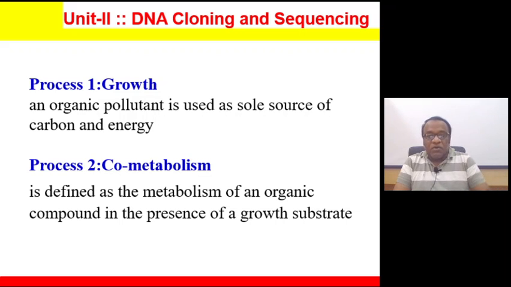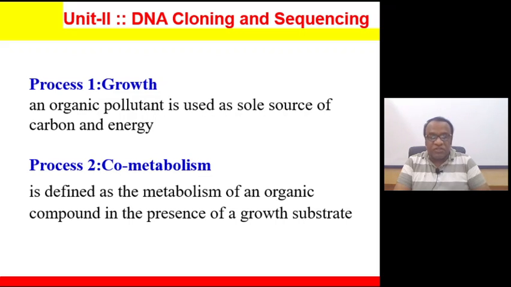Now, what is happening in process 2? It is defined as the metabolism of an organic compound in the presence of a growth substrate. Now, this is used as the primary carbon and energy source.